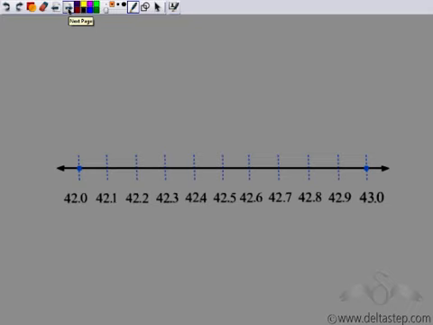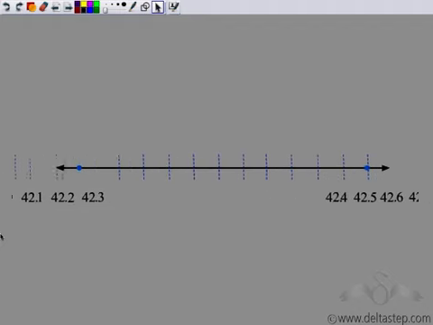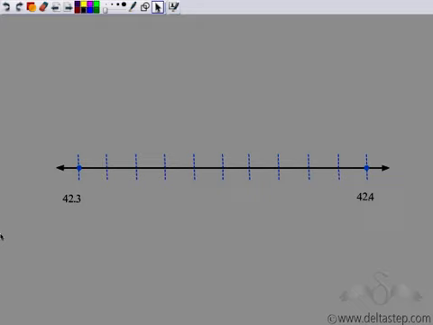So this is what I had, a number line where I was trying to find numbers between any two consecutive decimal numbers. Between 42.3 and 42.4, I divided this tenth distance into 10 equal parts, which gives me hundredths now. I can represent this as 42.30 and this number here as 42.40.